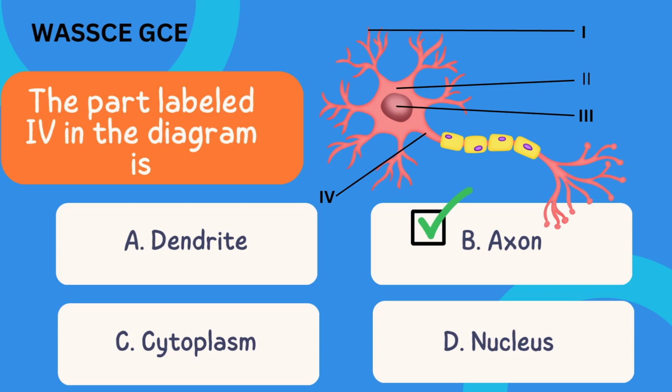Option A is wrong, because dendrite is labeled Roman figure 1 in the diagram. Option C is wrong because cytoplasm is labeled Roman figure 2. And option D is also wrong because the nucleus is labeled Roman figure 3.